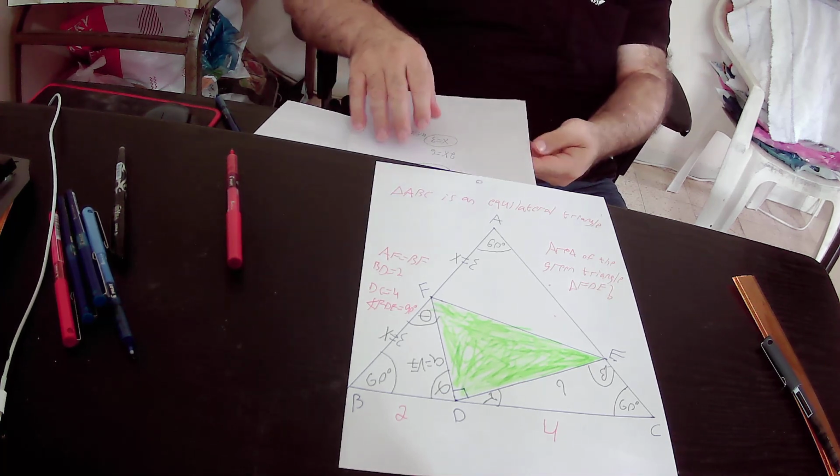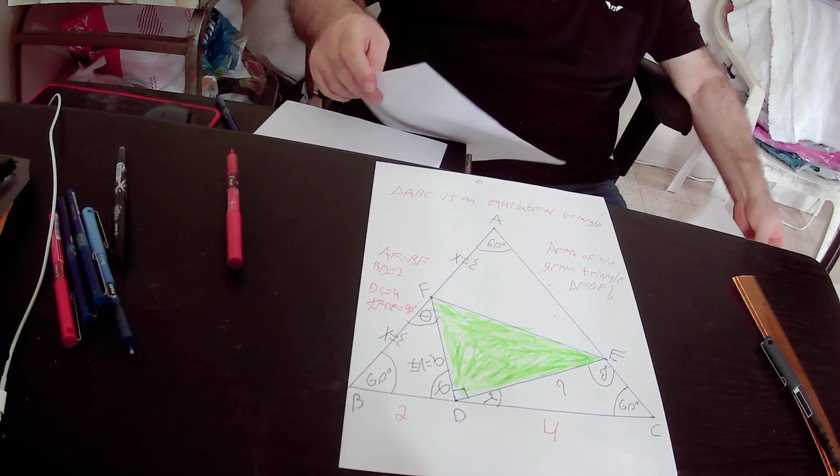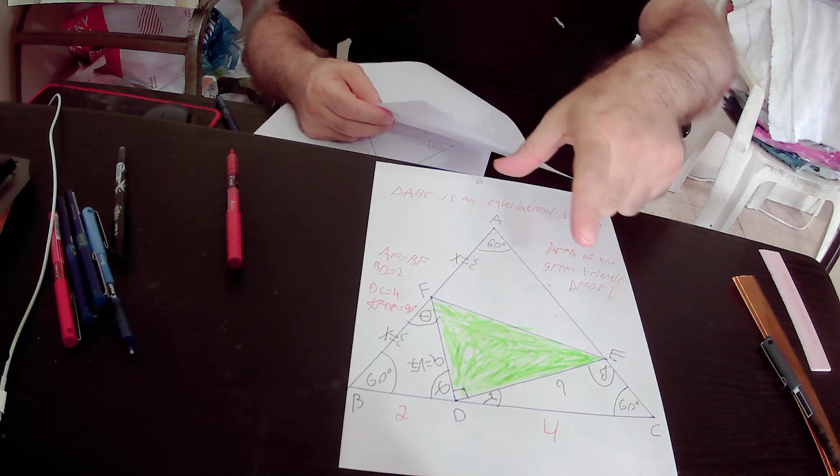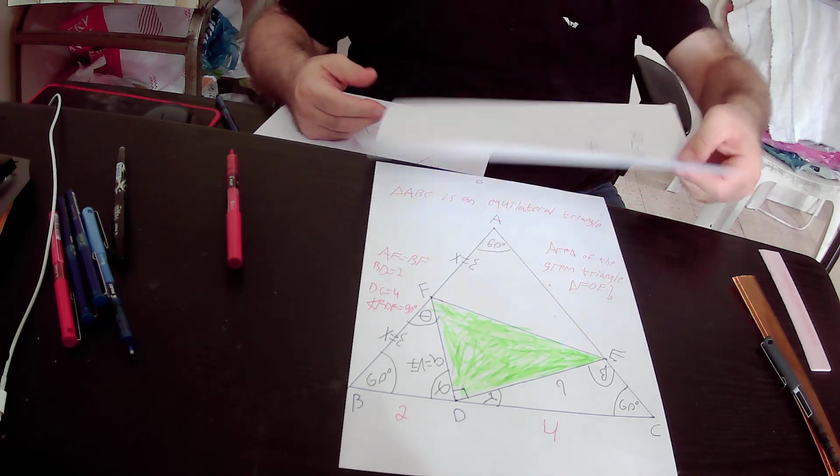So, first of all, we know that all the sides of the equilateral triangle ABC are equal to each other.